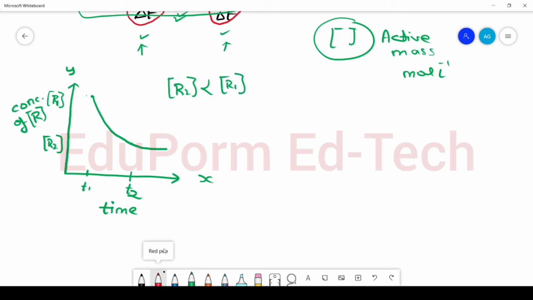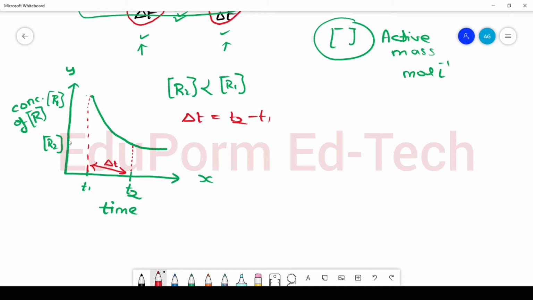And let me connect all the lines. This gap is the delta T, that means change in time, where delta T is equal to T2 minus T1, that means the difference between time interval.